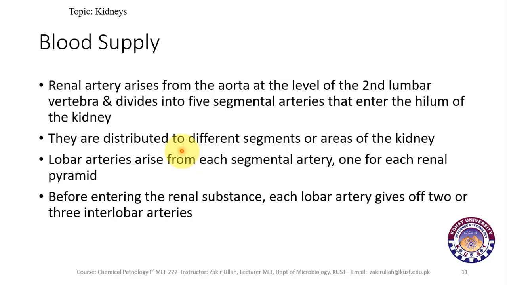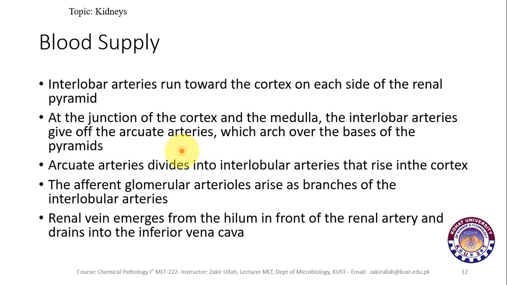Lobar arteries: these arteries arise from each segment and then they go to each renal pyramid. Before entering the renal substance, each lobar artery gives off 2 or 3 interlobar arteries, and these interlobar arteries run toward the cortex on each side of the renal pyramid.